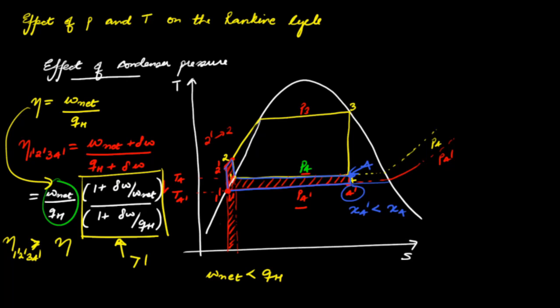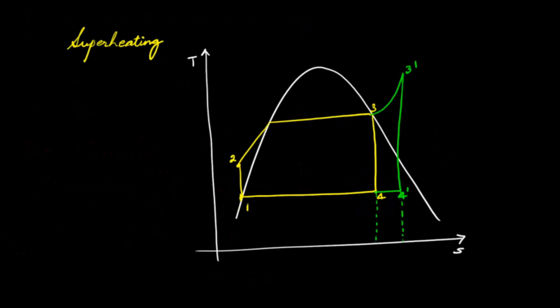That means at lower condenser pressure, there would be more moisture in the low pressure stages of the turbine when the exhaust pressure of the turbine is low. And as we've discussed earlier, this is not a desirable situation. So a better way to increase the efficiency of the Rankine cycle is by superheating.